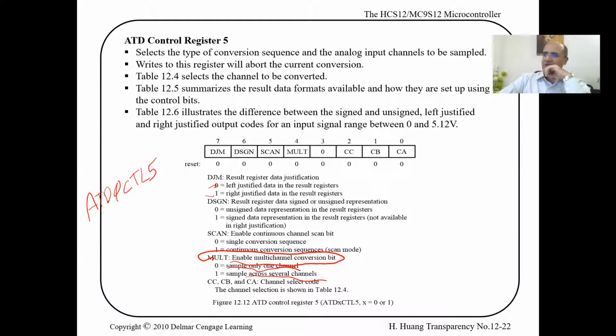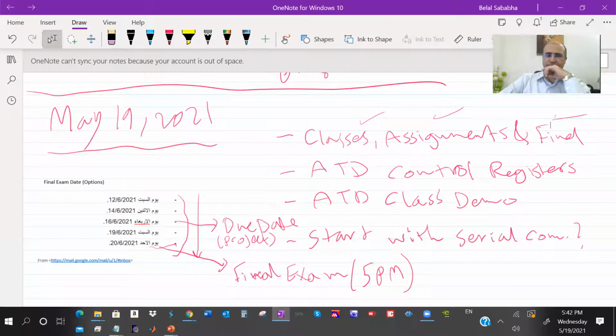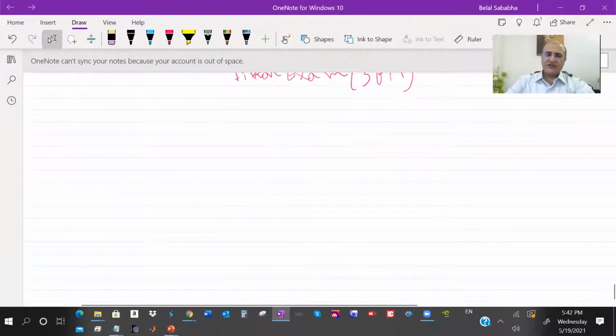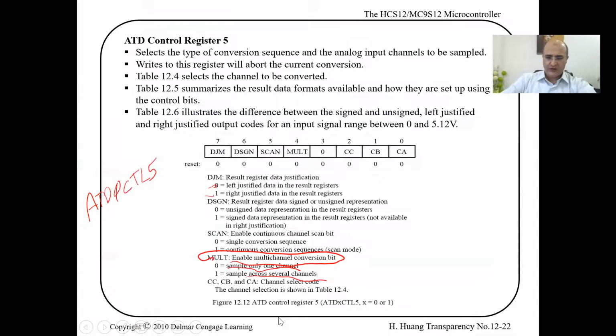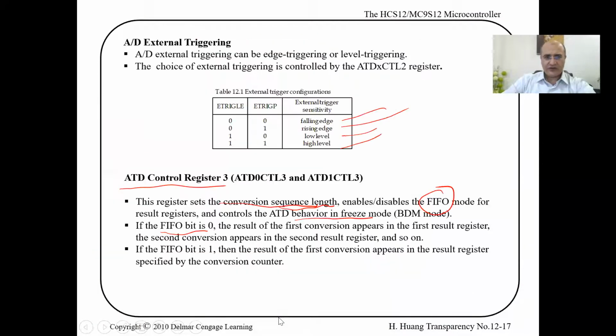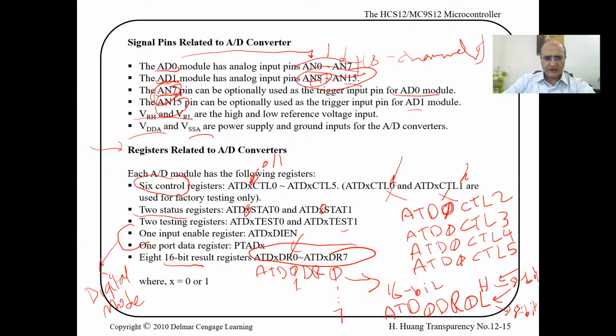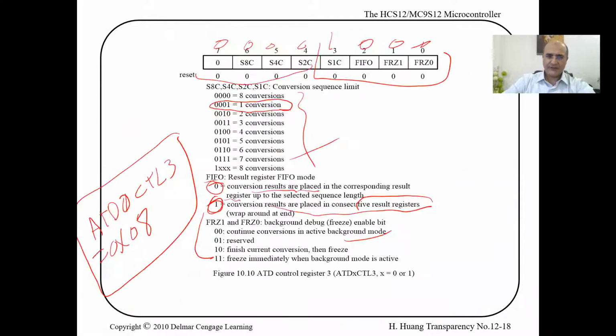We said that the result register A to D, is it called like that? Well, the result register is A to D0 DR0, right? Low and high.